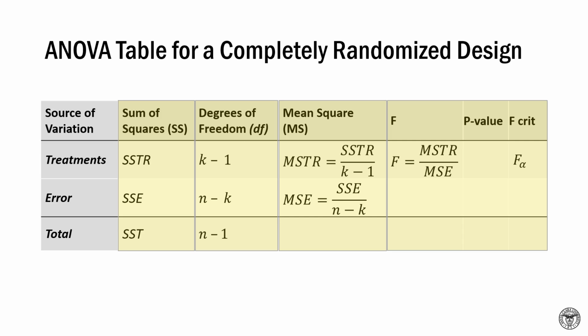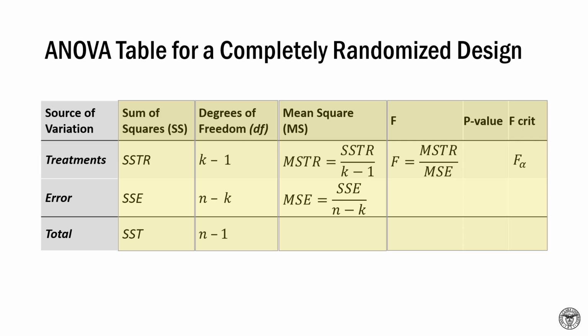The fourth part, the F statistic and p-value column, which shows the F statistic calculated by dividing the treatment mean square by the error mean square and the corresponding p-value.